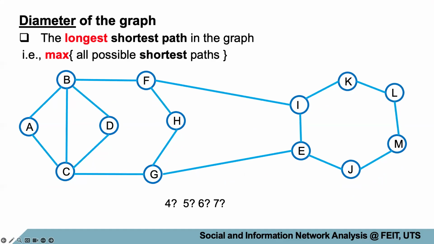Also, the question mentioned the diameter of the graph. The definition is the longest shortest path in the graph. That is, among all the possible shortest paths between any pair of nodes in the graph, the longest one.